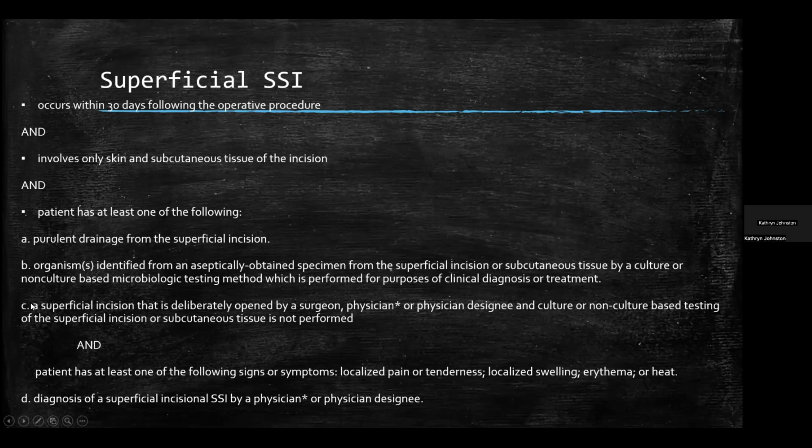They have to have a superficial incision that is deliberately opened, and if that is the criteria here, if it's deliberately opened, they have to have at least one symptom. So they have to have pain or tenderness, localized swelling, erythema, or heat, or they can have a diagnosis of a superficial incisional surgical site infection by a physician or the physician's designee. This is the one time with surgical site infections when a physician's diagnosis is adequate.